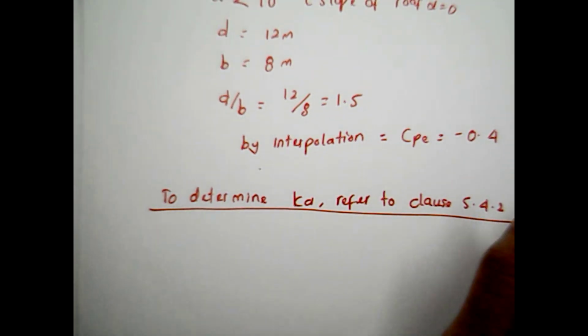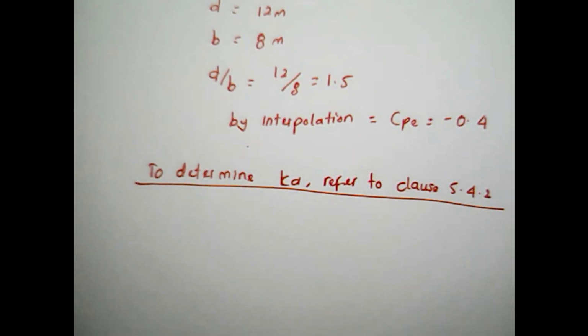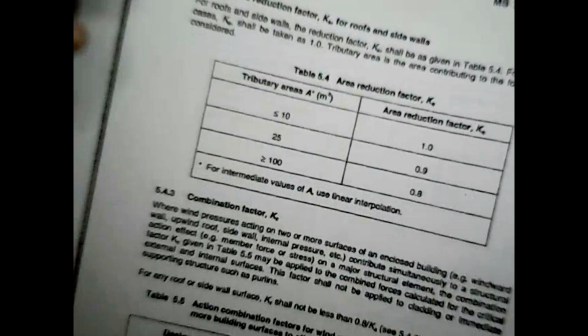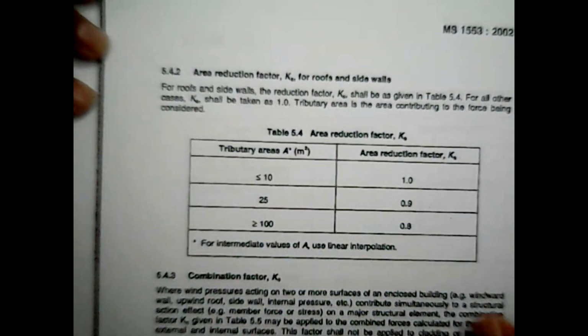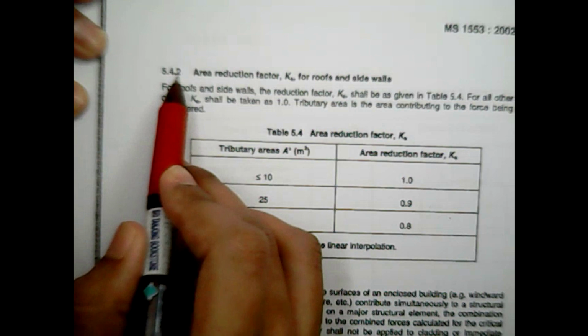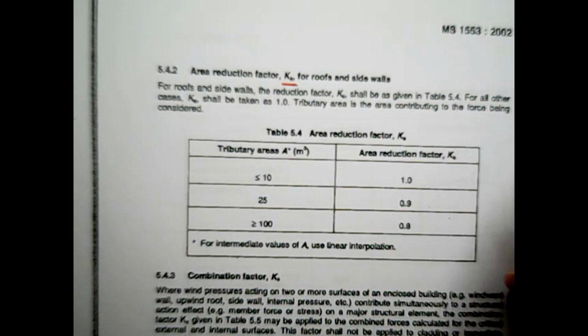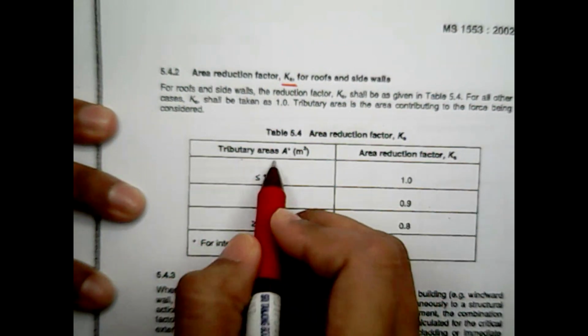And where is clause 5.4.2? This is the clause. If you look here, MS 1553, clause 5.4.2. So area reduction factor. Okay, so tributary area.